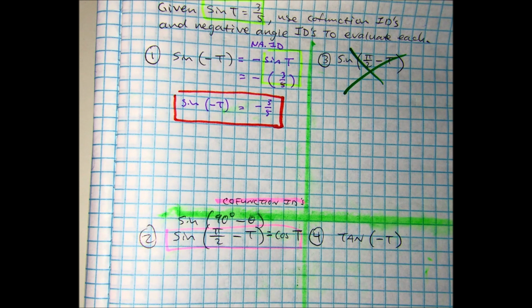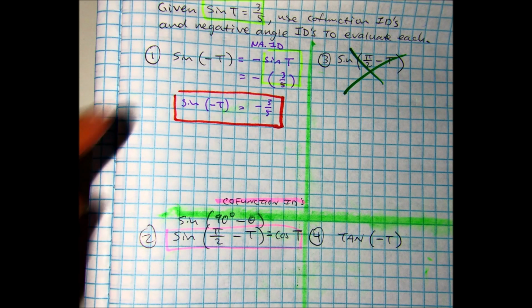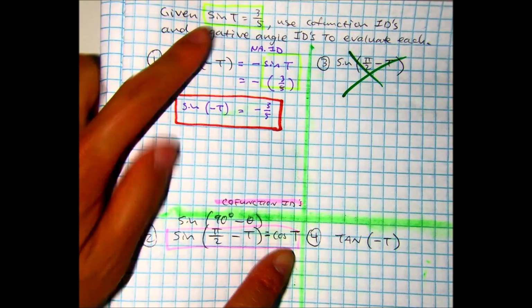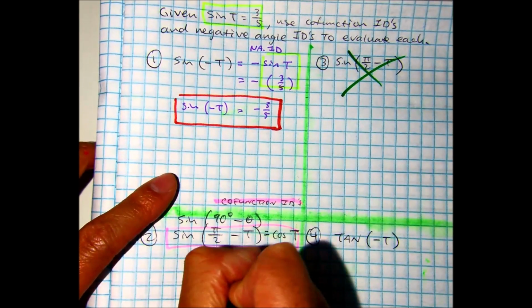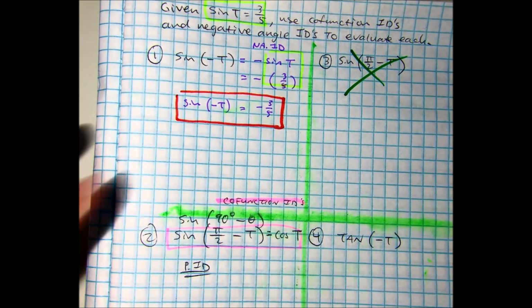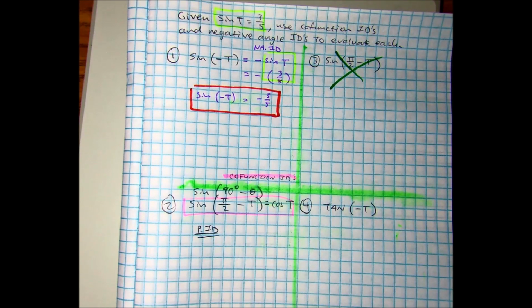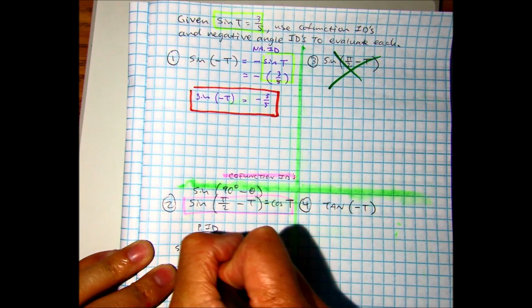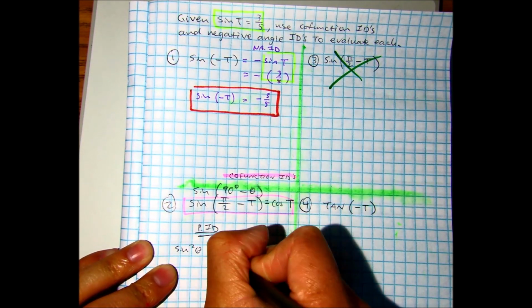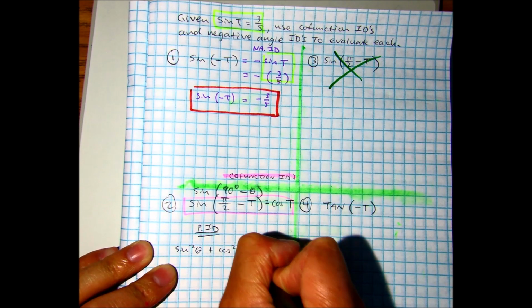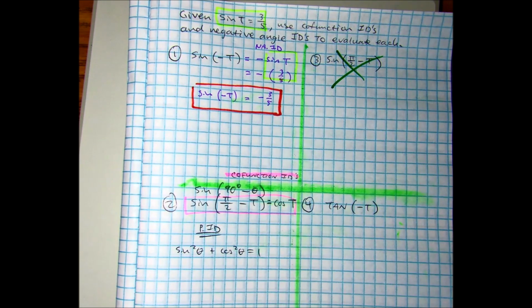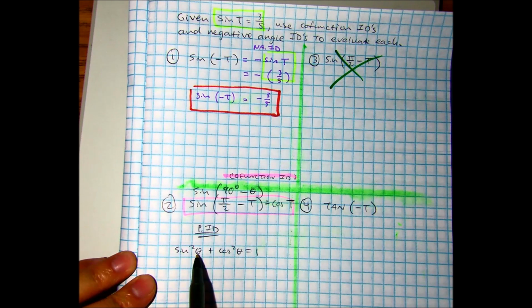She says the Pythagorean identity. Thumbs up, thumbs down? Yes, the Pythagorean identity. Alexa, tell us the Pythagorean identity we're going to use. Well, again, if you don't, you can always change the variable.